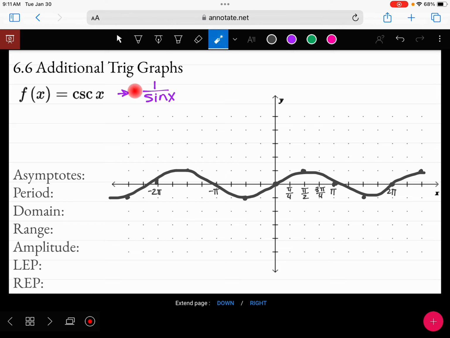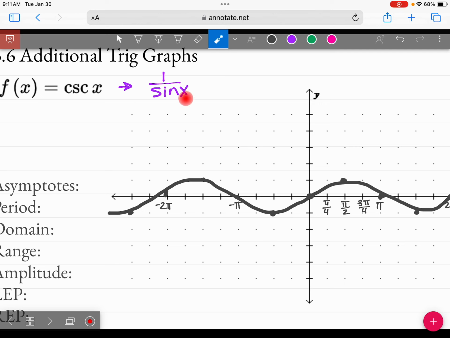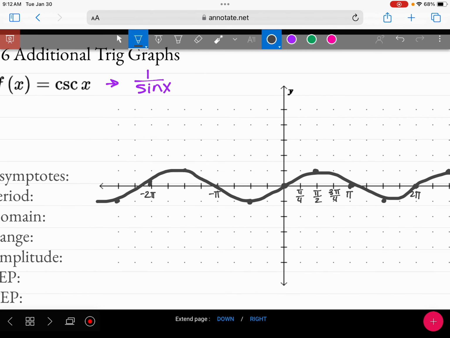And we're going to think about the fact that cosecant was 1 over sine of x, and we're going to be relating it to our sine graph. So what's the one thing we're not allowed to divide by in fractions? 0. So any place where we have that sine equals 0, we can't have a value. So what we're going to have is an asymptote.